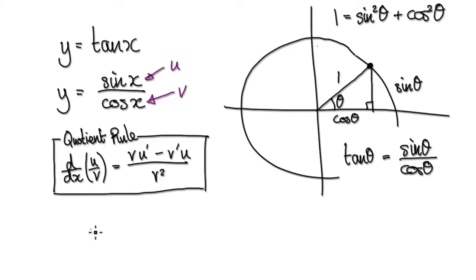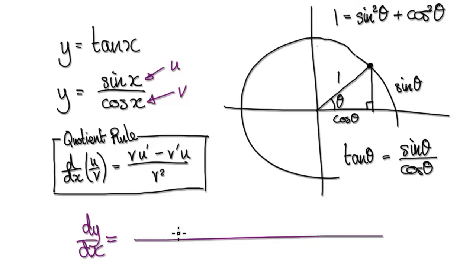So dy over dx equals you square the v. That would be cos squared of x, and then leave the v alone. That would be cos of x, and differentiate the u.